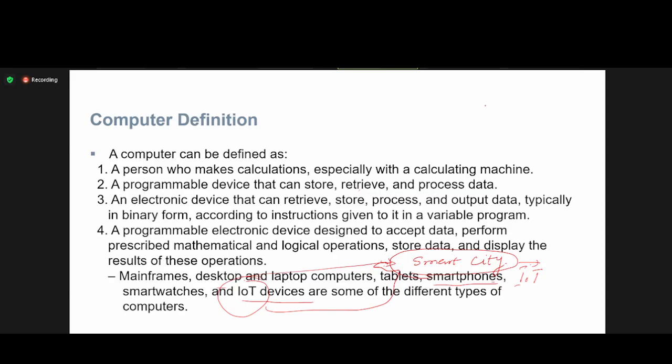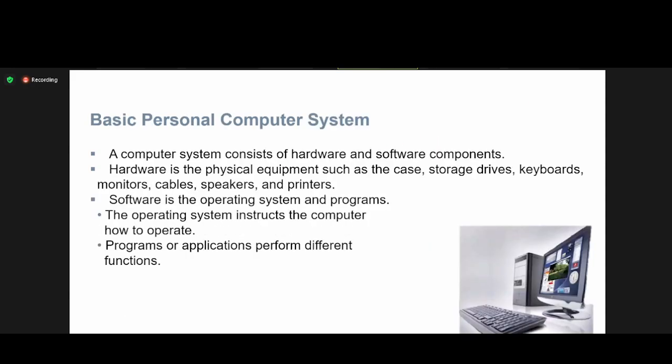If you have any questions, ask. A computer basically consists of hardware and software. Hardware means what you can touch. You can touch your laptop: keyboard, mouse, monitor, and the main computer device.